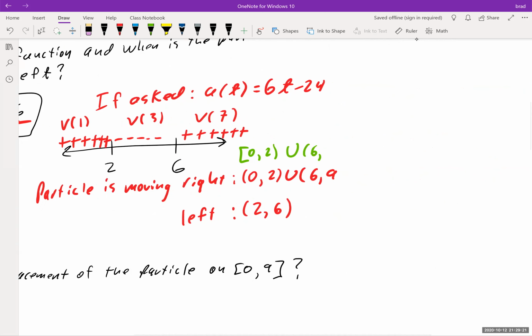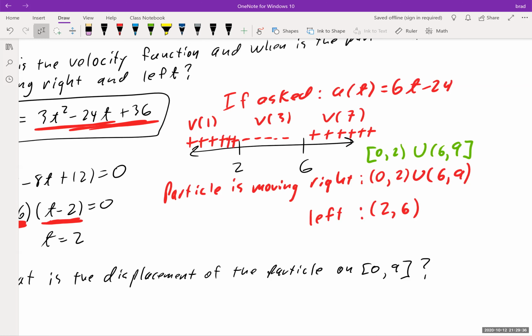So I have seen this. This is still correct. And then 9, they put a bracket on 9, because in both of those instances, the velocity is still positive. Now, my only problem with this is if you're at 0 time, I guess you could say you have an initial velocity.